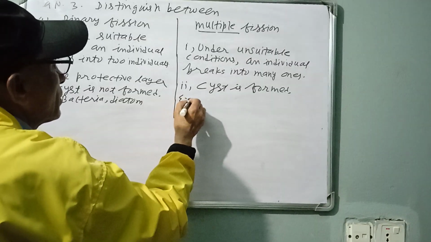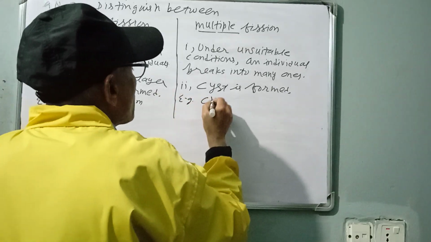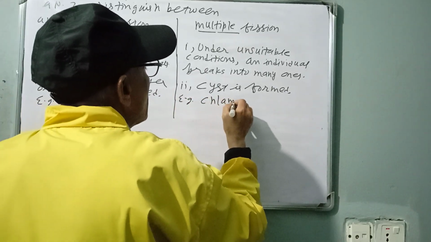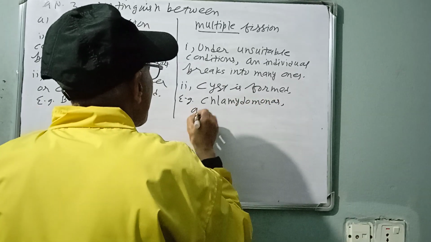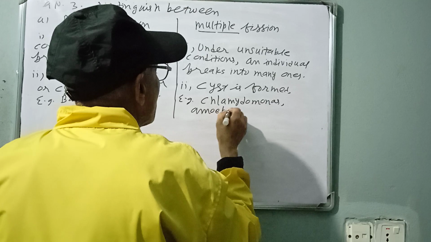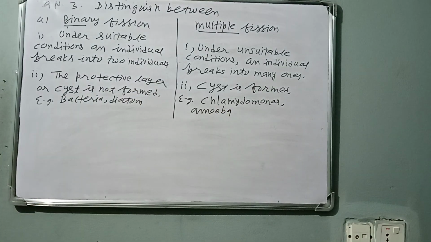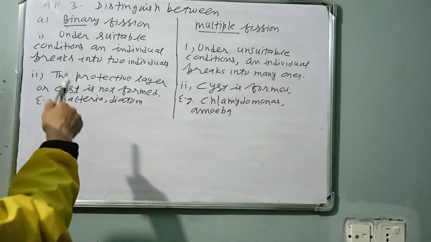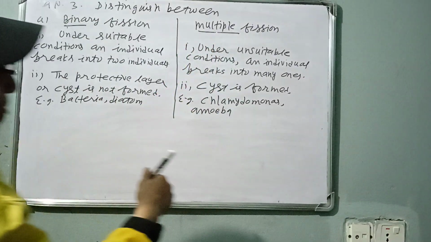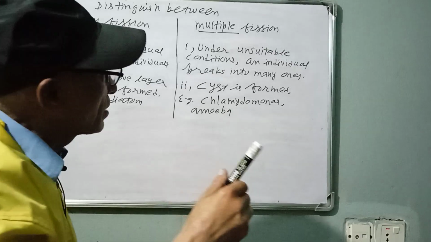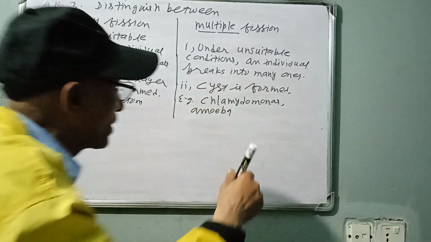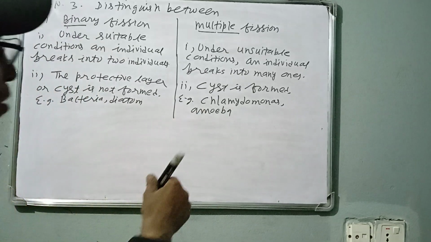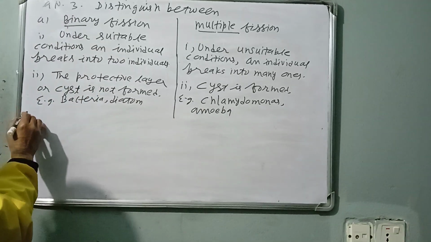Here examples of multiple fission: Chlamydomonas, amoeba, etc. Binary fission: suitable conditions, cyst is not formed. Multiple fission: unsuitable, unfavorable conditions, one individual breaks into many. Cyst is formed in multiple fission.